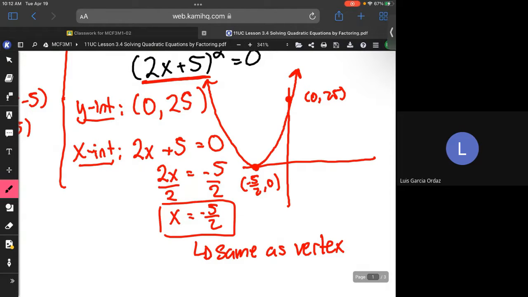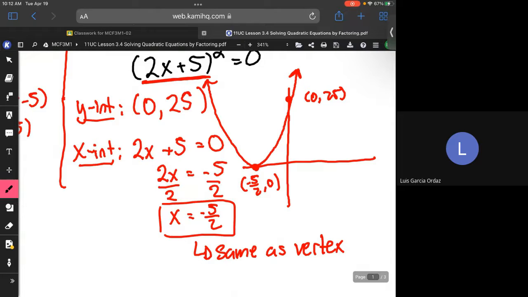So whenever you have a perfect square trinomial, your x-intercept is going to be the same thing as your vertex. That's only when you have a perfect square trinomial. For this one it's easy because all you need is your x-intercept and your y-intercept, and that's it. Because it's a perfect square.